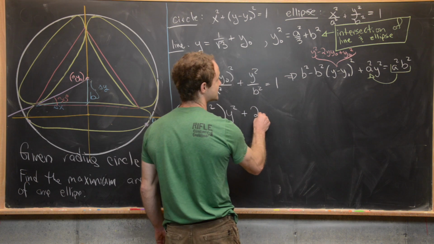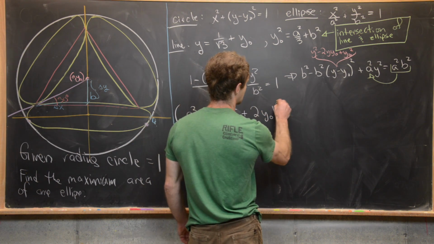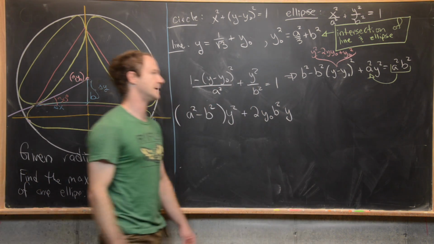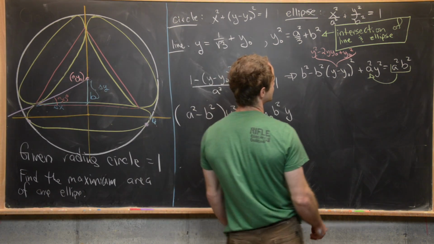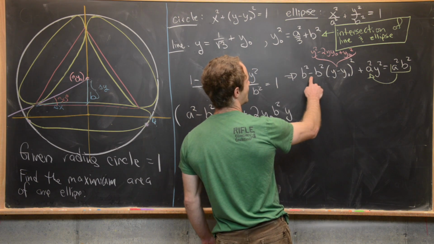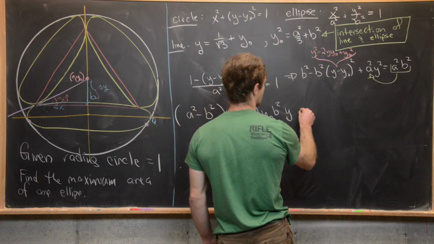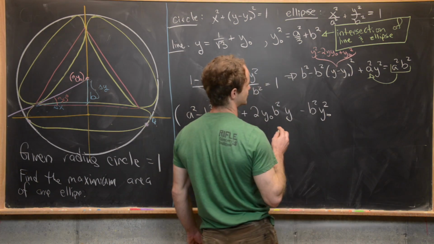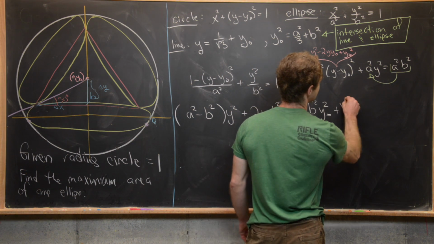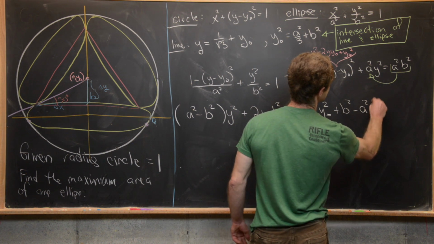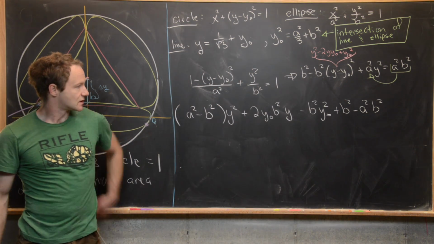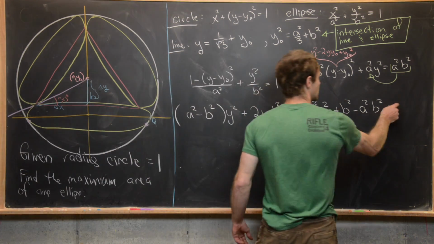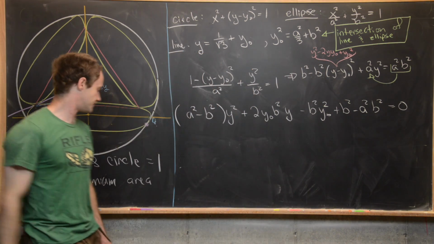So that is plus 2y naught times b squared times y. Good. And then finally, let's see what our constant term is. So we'll have b squared times y naught squared, and then a minus a squared b squared. Great. So that's all going to be equal to 0.